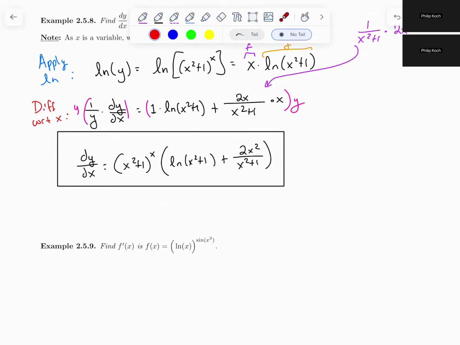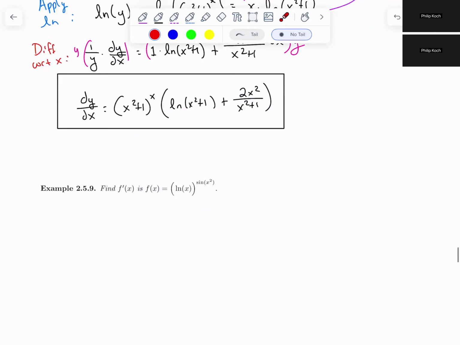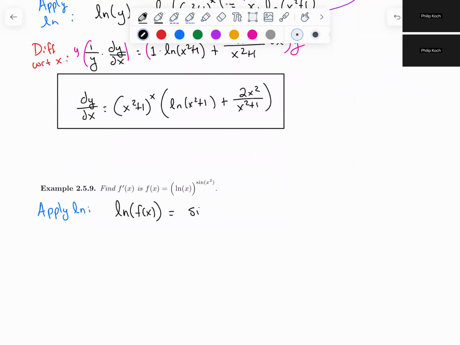So with this next one, apply ln. You get ln of f of x, or you can change it to a y if it doesn't look as nice that way. And it's going to be sine of x squared times natural log of x.